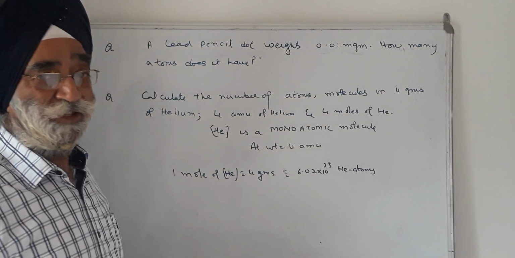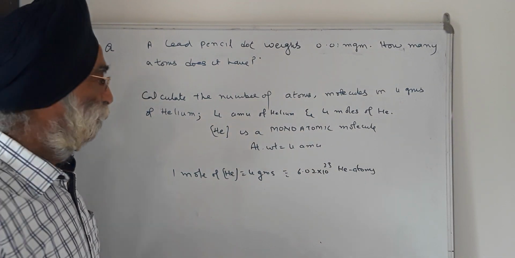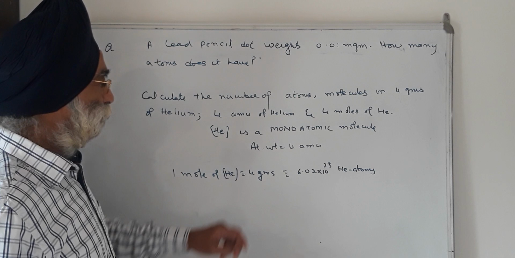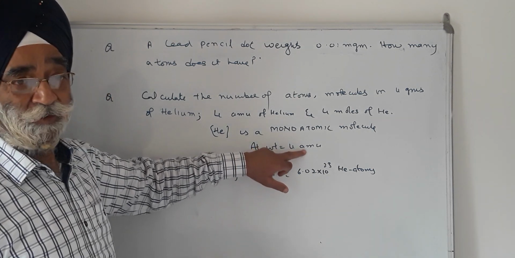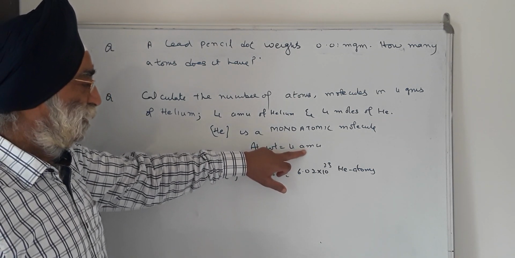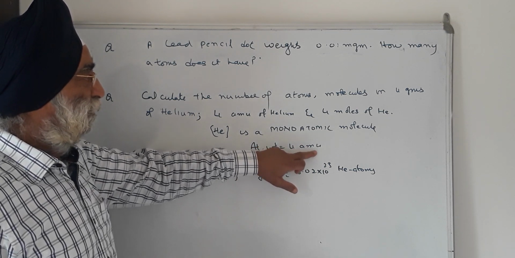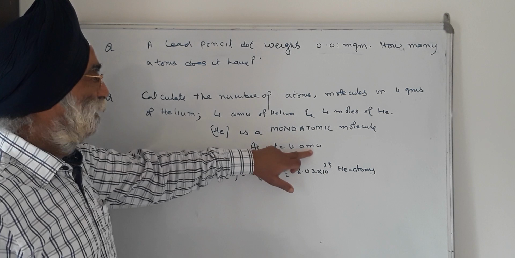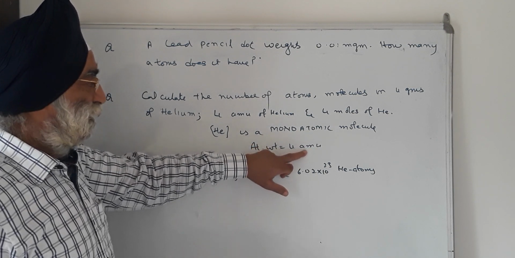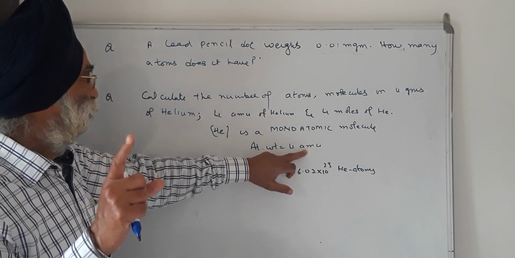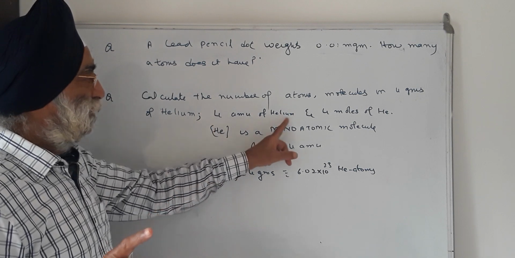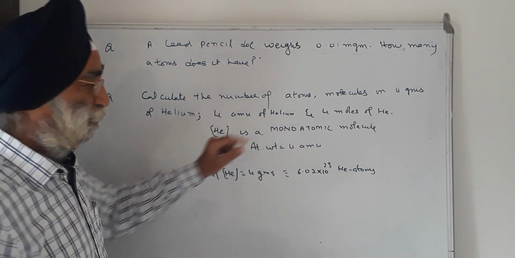It exists in atomic state. Now, coming to this step, atomic weight 4 AMU, what does it represent? It represents 1 helium atom. This is the answer to our question, 4 AMU of helium.